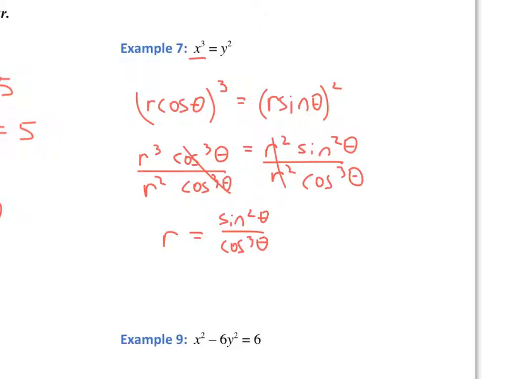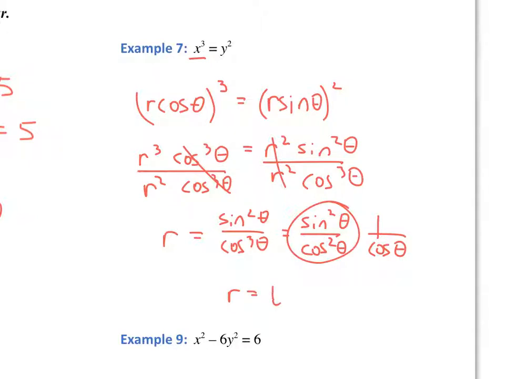You can take this a step further, though. Any ideas? Yes? Tan squared theta over cos theta. Okay, so he's going to do the following. I'm going to write this out step by step just so people can see where you're going with this. He sees that there are two sines and two cosines, and he remembers sine divided by cosine is tangent, so he wants to change this into tangent squared.